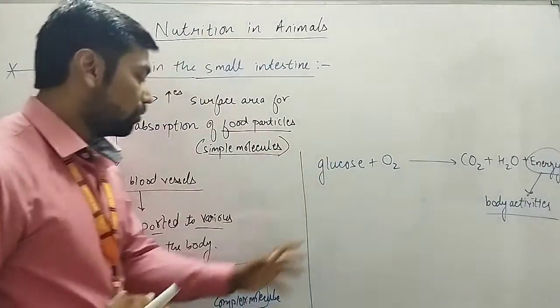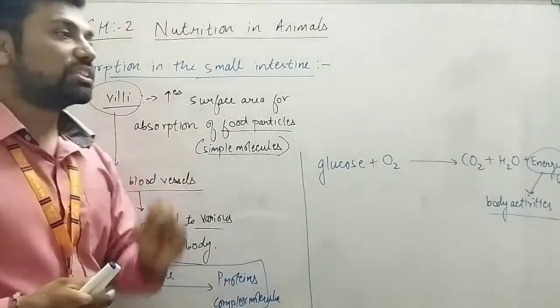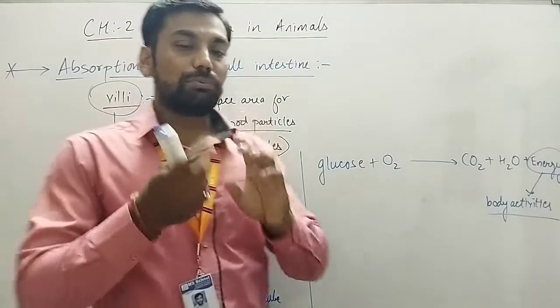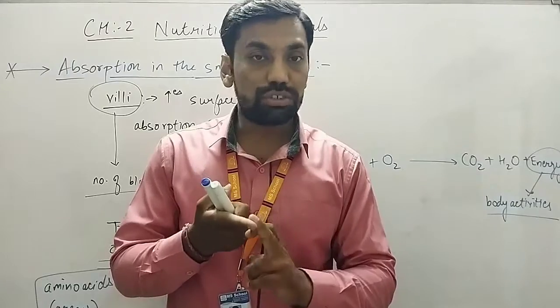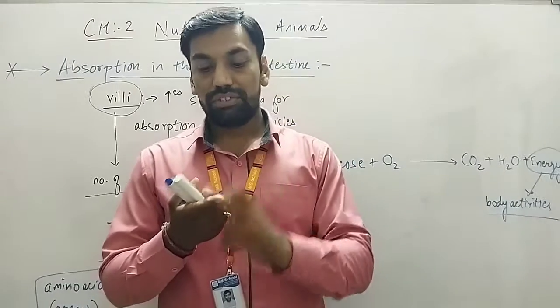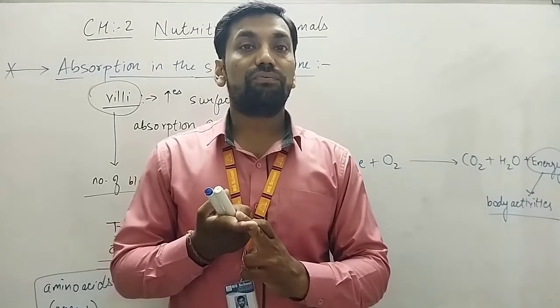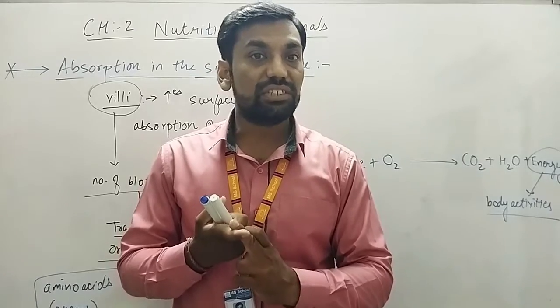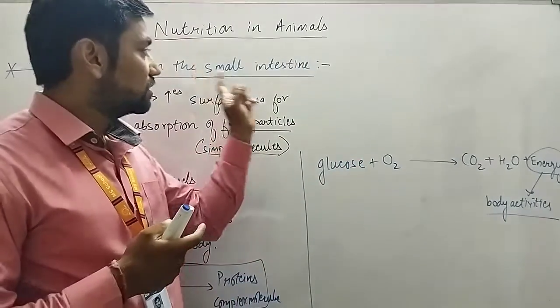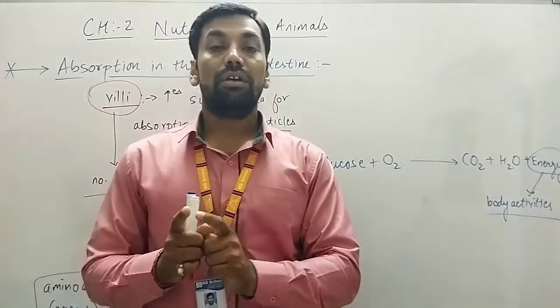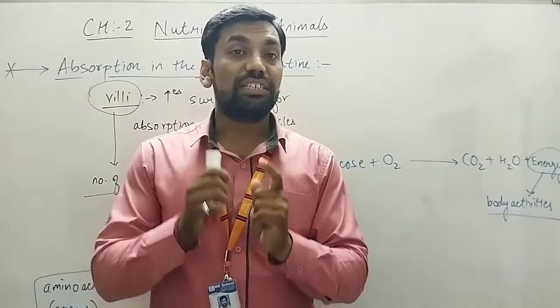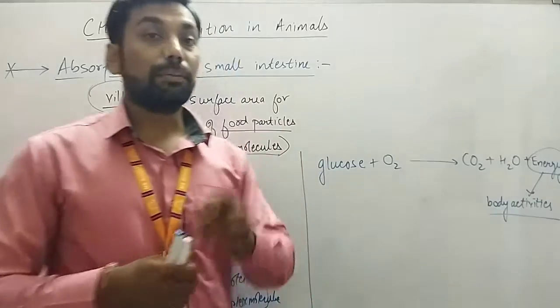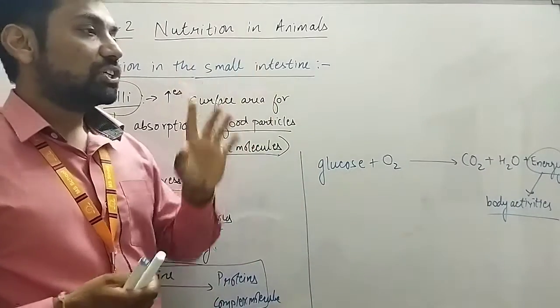So this was how absorption in the small intestine takes place. Simple molecules of carbohydrate, that is glucose, are absorbed. Simple molecules of fats, that is fatty acids and glycerol, are absorbed in the small intestine. At the same time, simple molecules of proteins, that is amino acids, are also absorbed in the small intestine.